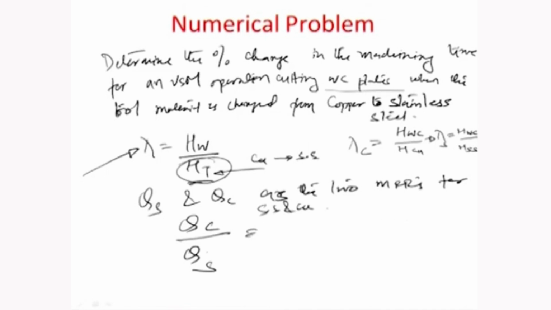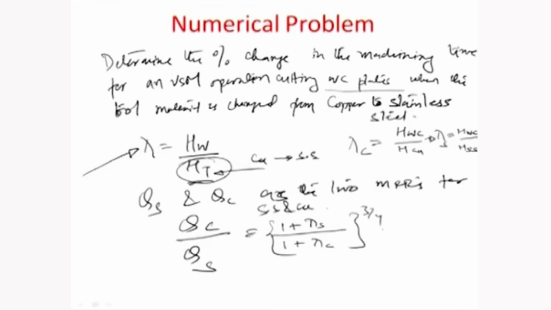So QC by QS comes out to be equal to (1 plus lambda stainless steel S) by (1 plus lambda copper C), to the power of 3 by 4, for obvious reasons from the Shaw theory and the approximation that has been discussed before, where we find out that QC is proportional to the inverse of (1 plus lambda) to the power 3 by 4.